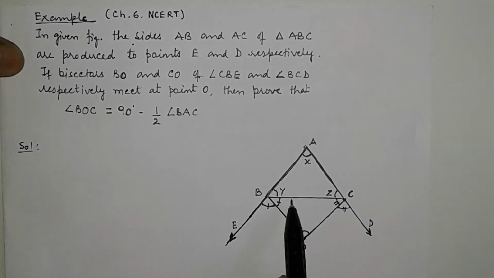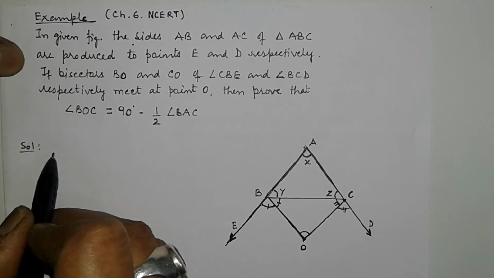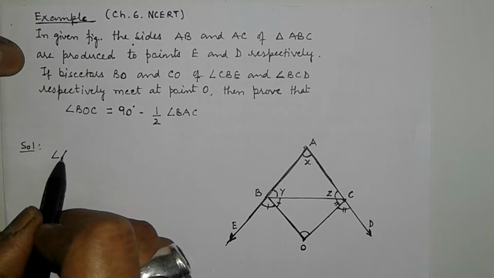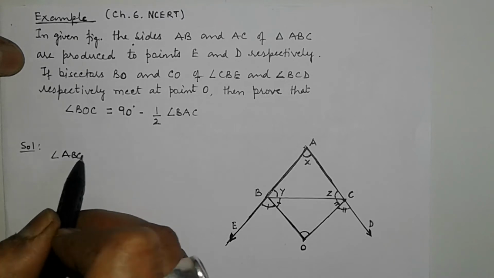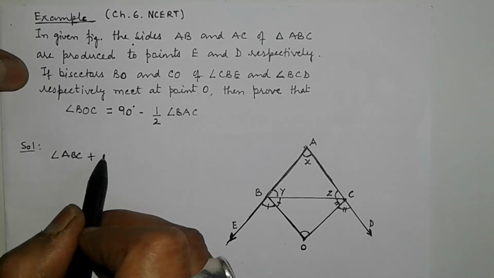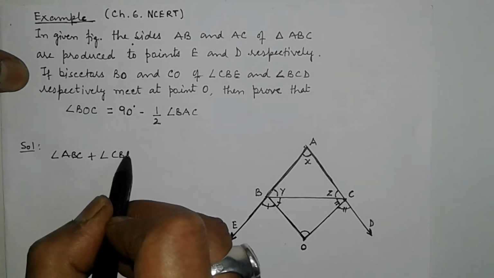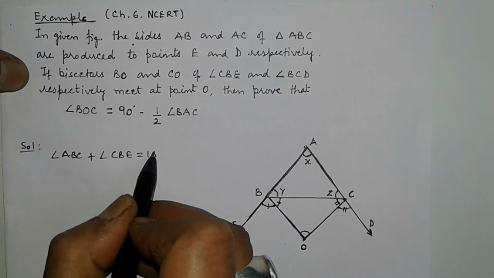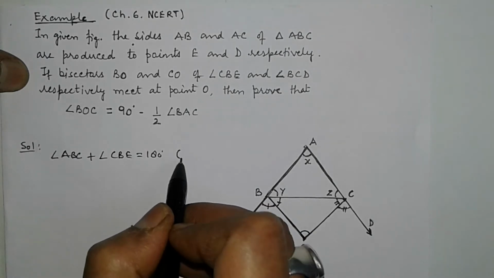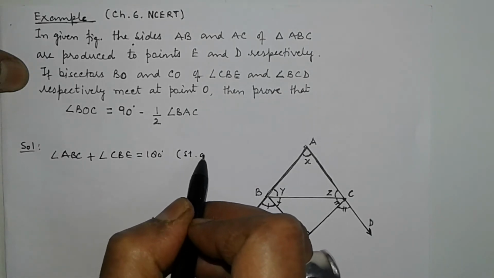First of all, you see this line, it is a straight line. So angle ABC plus angle CBE is equal to 180 degrees, because it is a straight angle.